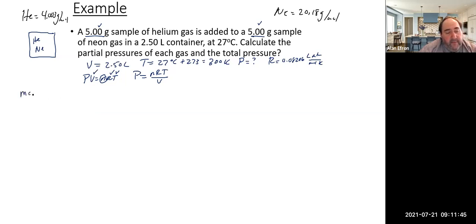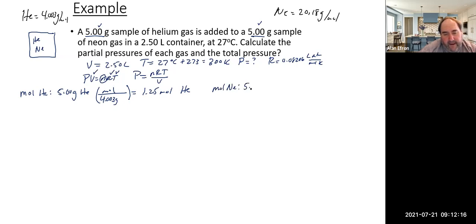So the moles of helium would be 5 grams of helium, using the molar mass from the periodic table, 4.003 grams per mole. That gives us 5 divided by 4.003, which is 1.25 moles of helium. We could do the same thing for our neon.